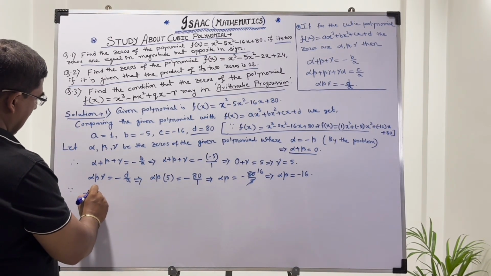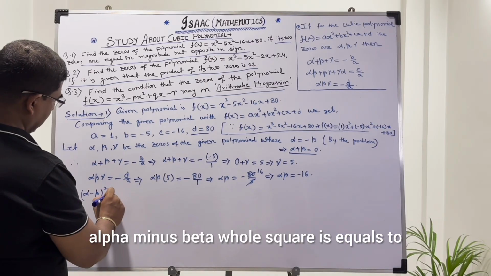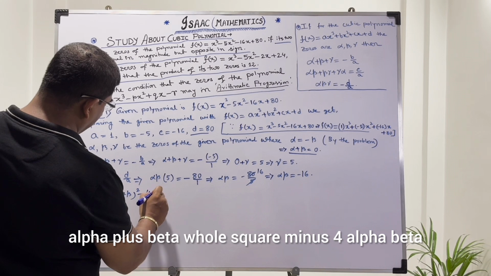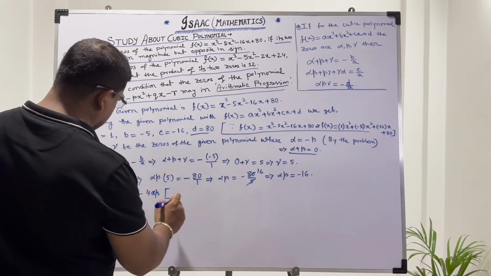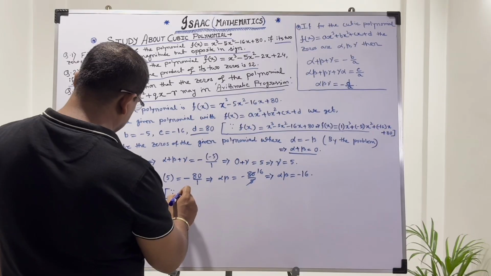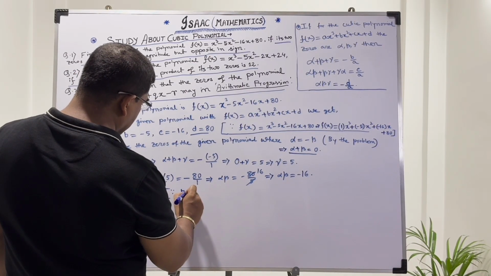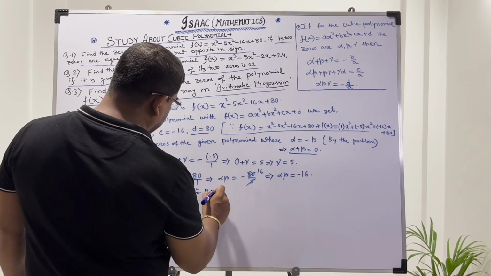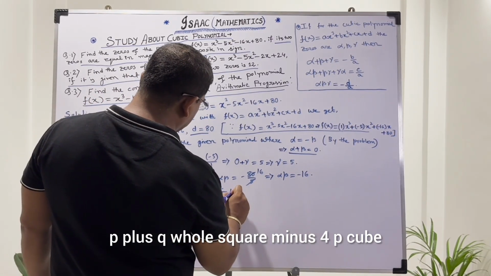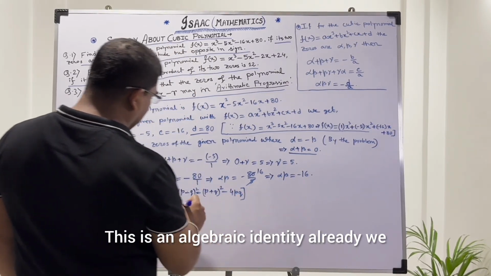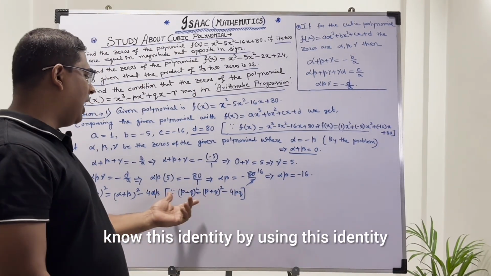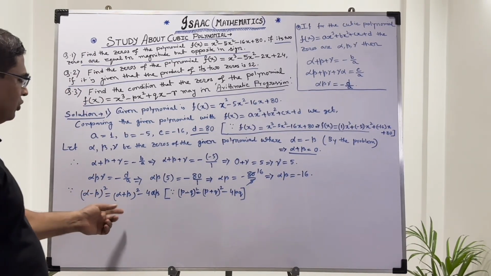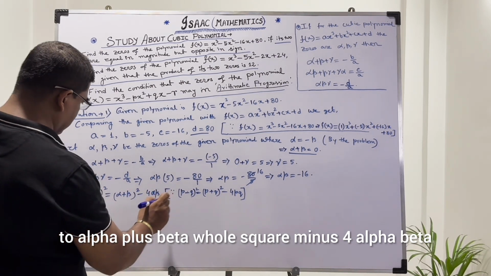Since alpha minus beta whole square equals alpha plus beta whole square minus 4 alpha beta, as p minus q whole square equals p plus q whole square minus 4pq. This is an algebraic identity. Already we know this identity. So by using this identity, alpha minus beta whole square equals alpha plus beta whole square minus 4 alpha beta.